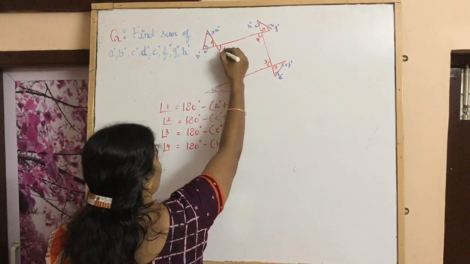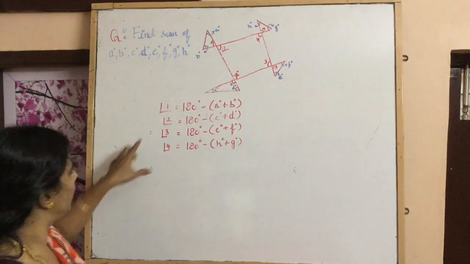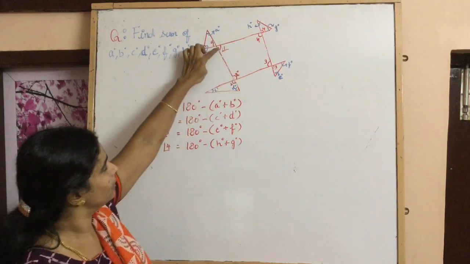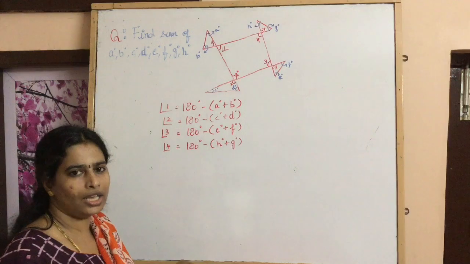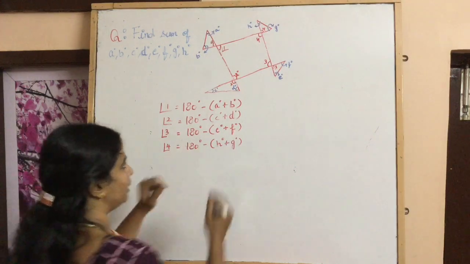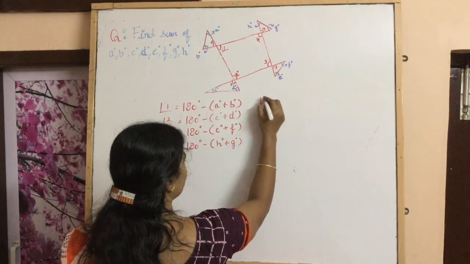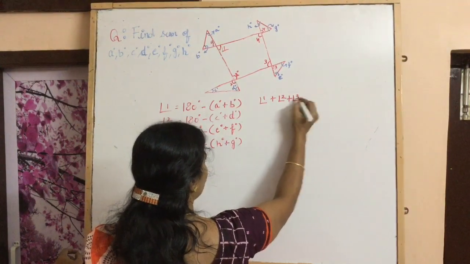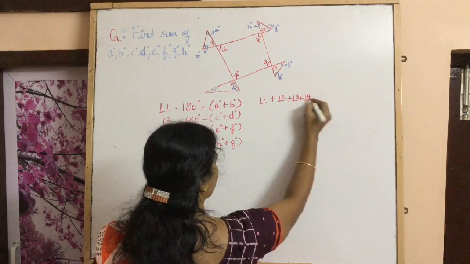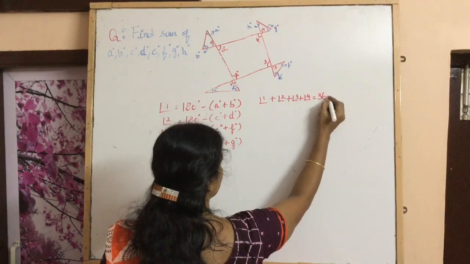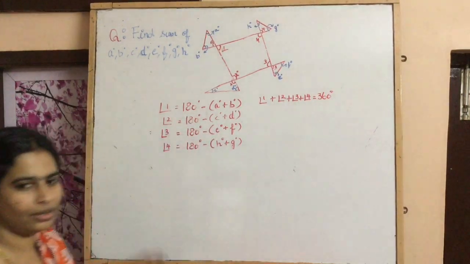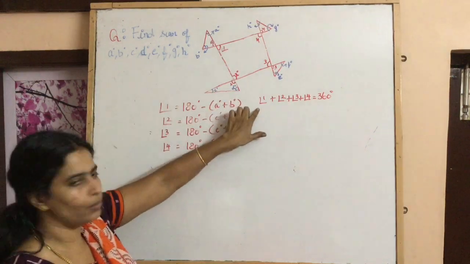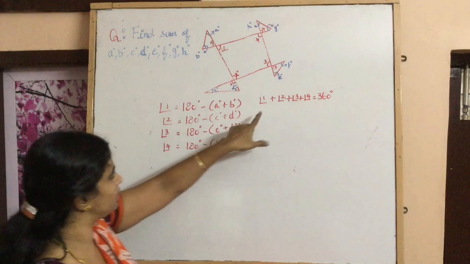Now we know that the sum of the angles of a quadrilateral is equal to 360 degrees. That is, angle 1 plus angle 2 plus angle 3 plus angle 4 is equal to 360 degrees. So instead of angle 1, we are going to substitute these values.